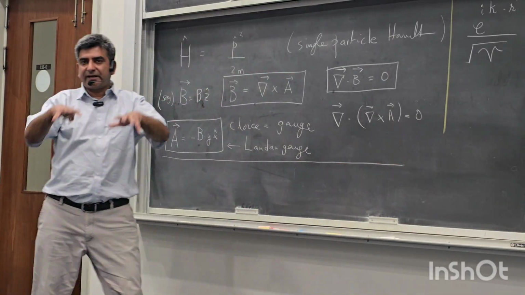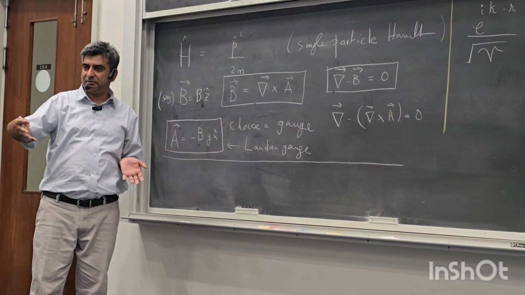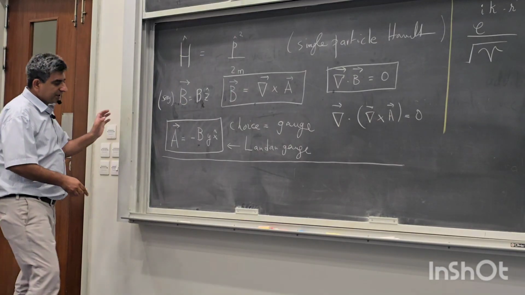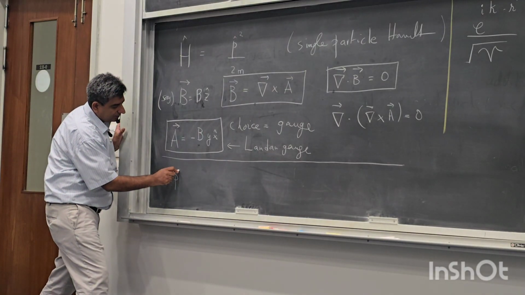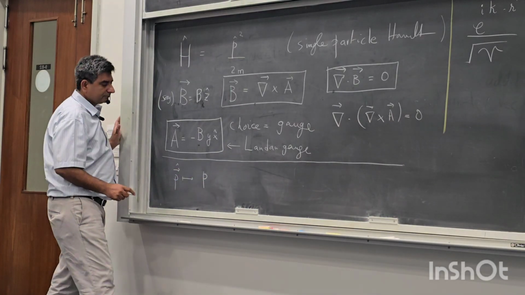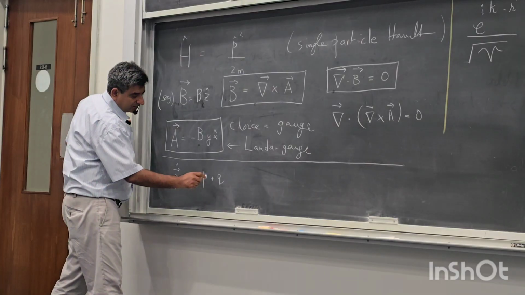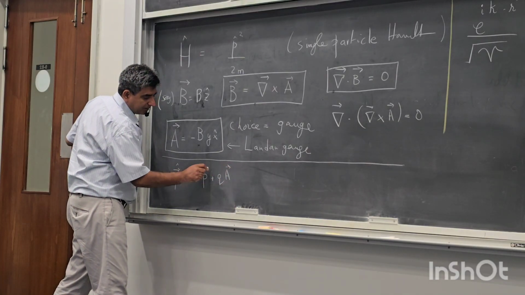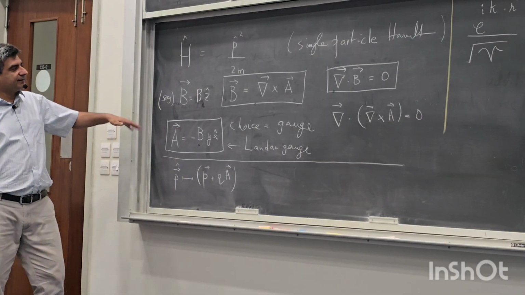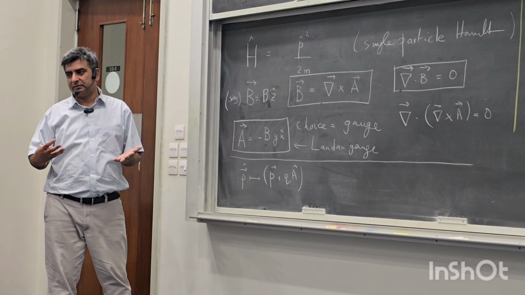Now when I have a magnetic field, the momentum is going to change. In the presence of a magnetic field, the momentum changes from P to P plus the charge on the particle times A, P plus QA. This is how the Hamiltonian is readjusted in the presence of a magnetic field.